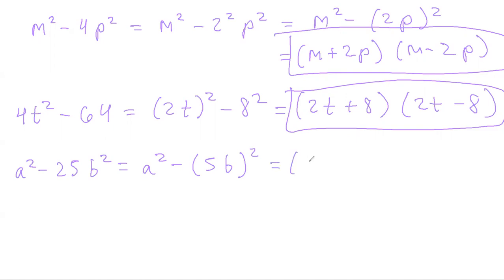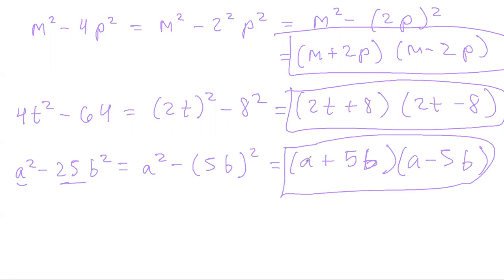So then I have a plus 5b and then a minus 5b. So hopefully you can see the pattern of how I'm writing both of these terms as things being squared. So yeah, that's the idea here. And I'll just do maybe one more and then end it.